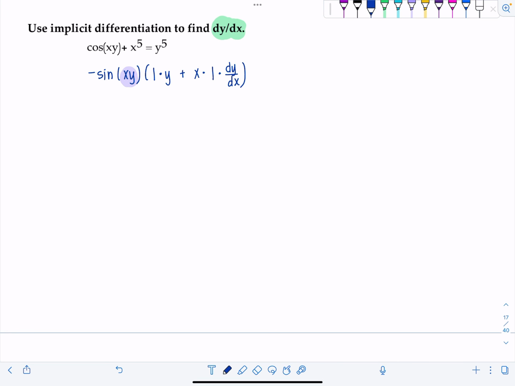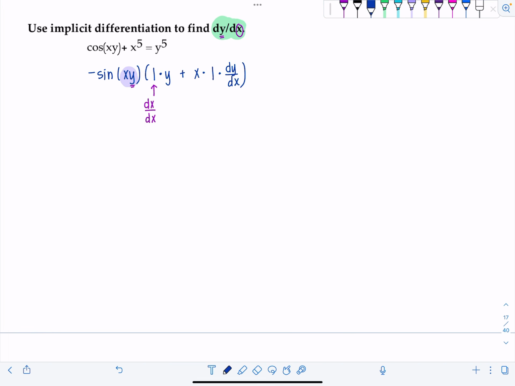Because I'm differentiating y with respect to x. Really, when we took the derivative of x here and it was just 1, we did multiply by dx/dx. You just didn't see it because that's 1. So when you take the derivative of some variable and it's not the variable that you're differentiating with respect to, you have to have d whatever this is, dx in this case, okay? Good.